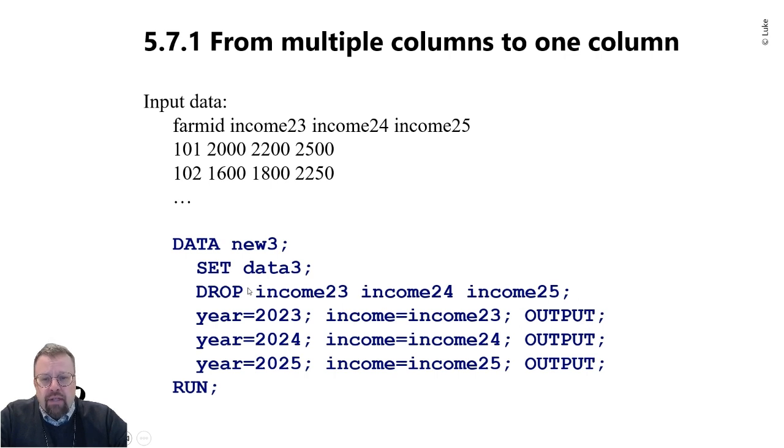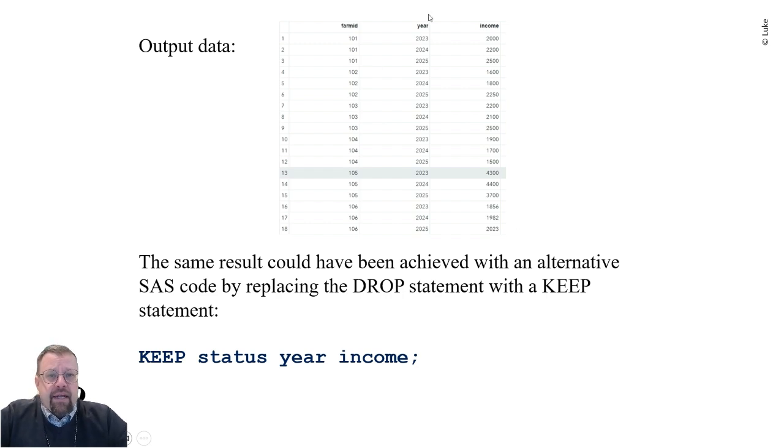And that makes it so that when these two things have been done, we already output the first row to the resulting SAS dataset. And in a similar way, we define what we are picking from these income 24, income 25, and then we also drop the original variables income 23 through income 25, and here is what we get as an end result.